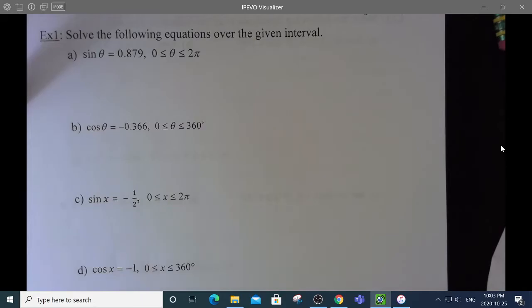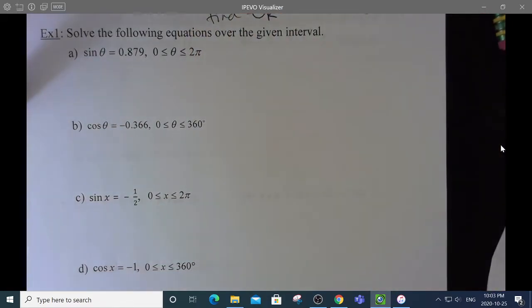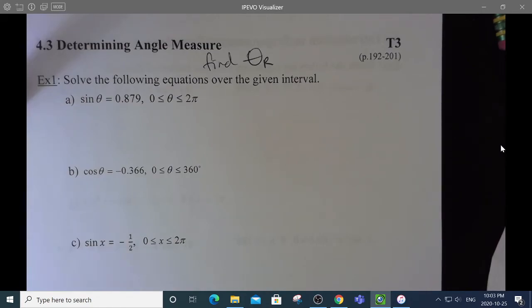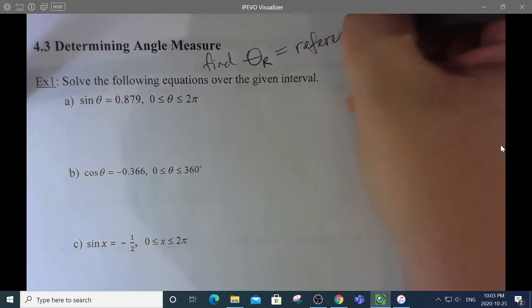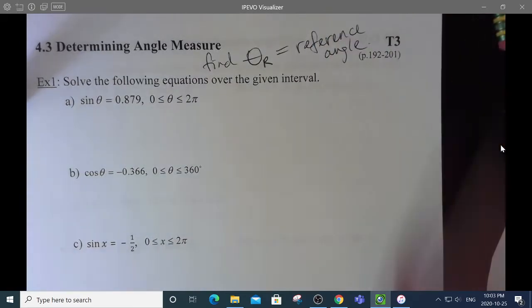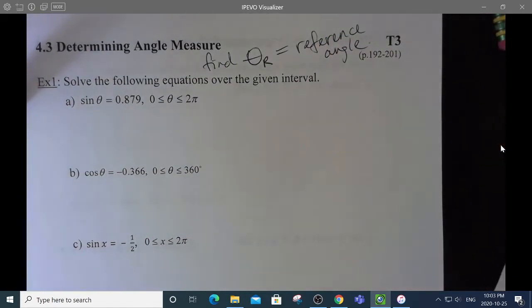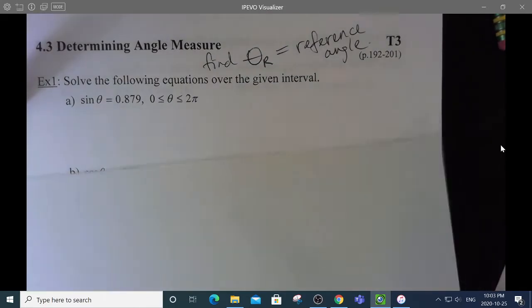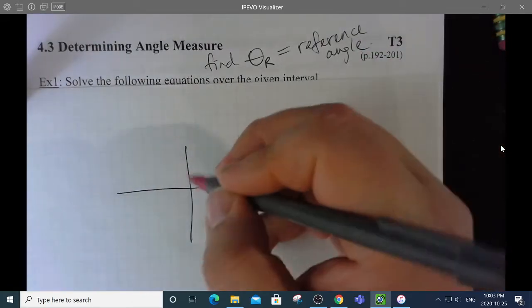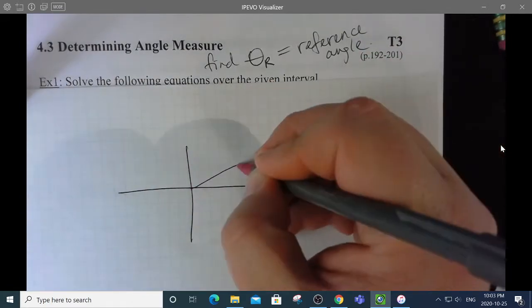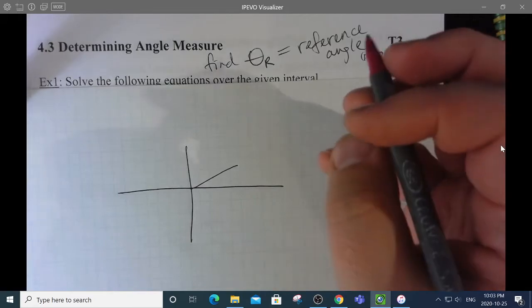I like these. So the way that you do this is, you remember that you find your theta r. Do you remember what that stands for from grade 11? It stands for your reference angle. Need a quick refresher on what a reference angle is? Think back to grade 11 when you learned that you always measure the closest angle you can get to the x-axis as your reference angle.